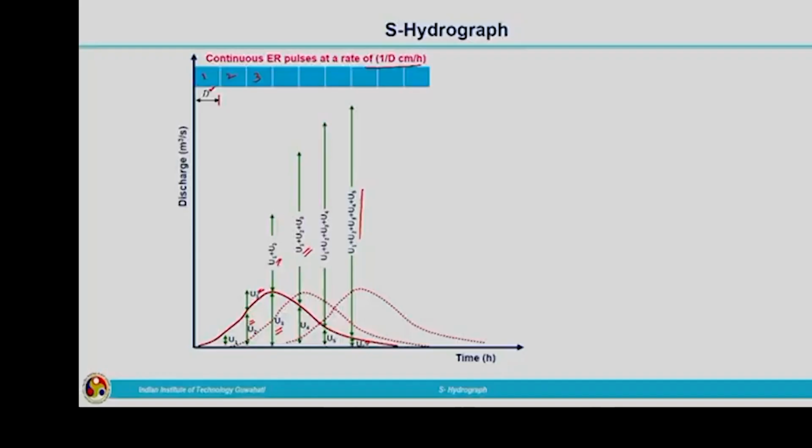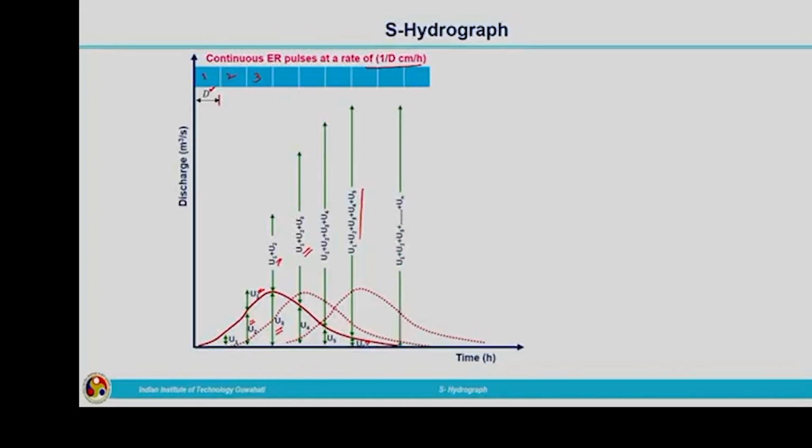Once the contribution from the first unit hydrograph, that is the first effective rainfall pulse having Dr duration, is stopped, that is, the last ordinate u6, then again the same ordinates are getting added up from the remaining unit hydrographs. So, there will not be any change taking place in the ordinate of the S-Hydrograph.